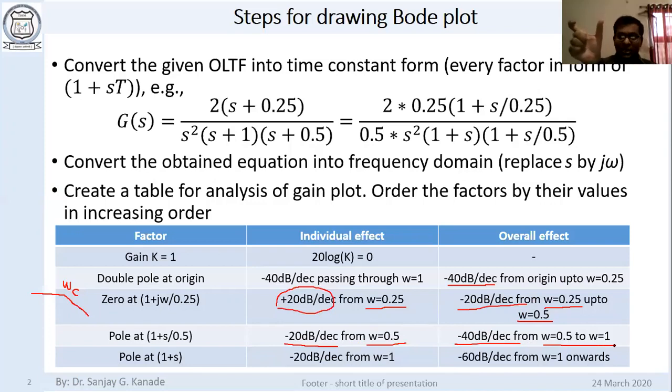Means for the next section, remember we have made sections of cutoff frequencies, first, second, third, and these are the resultants between those, right? And in the last section, from omega equal to 1, it is going to contribute minus 20. So already it was minus 40 up to omega 1. So after omega equal to 1, it is minus 40 plus minus 20, equal to minus 60 dB per decade, right?